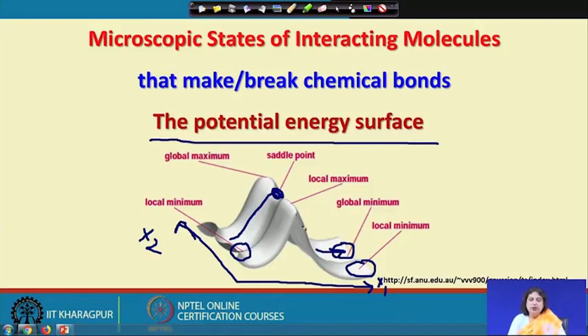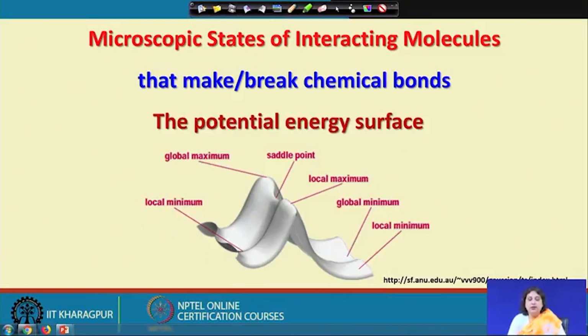Now, we are going to use very simple model systems to understand how such structures appear and how to interpret them, so that we understand the task at hand, that is the averaging over different microscopic states associated with the chemical reaction.